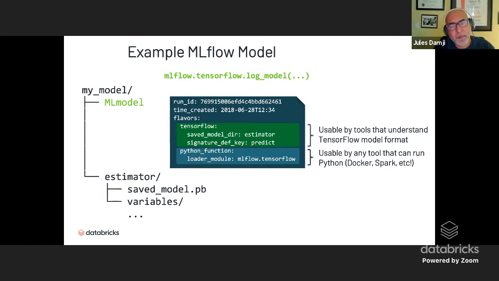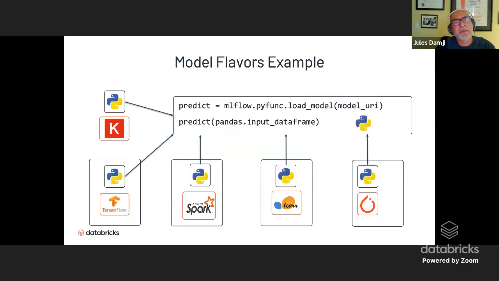So this is quite a powerful notion: if we have these flavors, we have the ability to generically detect the model and deploy it in diverse environments. To give you an example of what I mean by these flavors, think of all the different flavors of Python you might have created. You might use PyTorch to create a model, and you save it using the PyTorch save or log model.